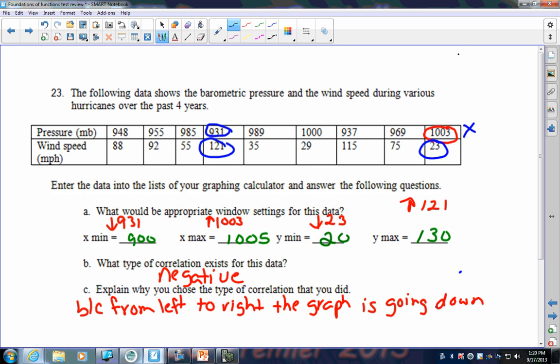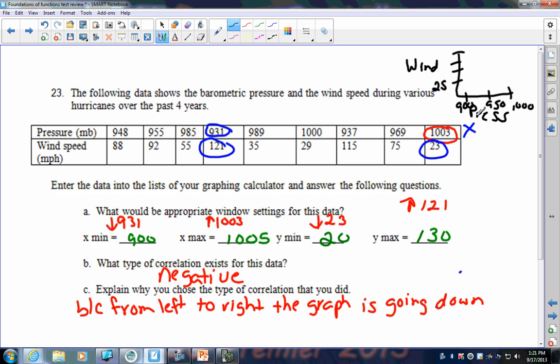See, this is what I was talking about, where I went and started graphing by hand. I went pressure and wind speed. I made my little 900, 950. This is because I didn't have the calculator at home. I was trying to figure out what to do. 25, 75, 100.